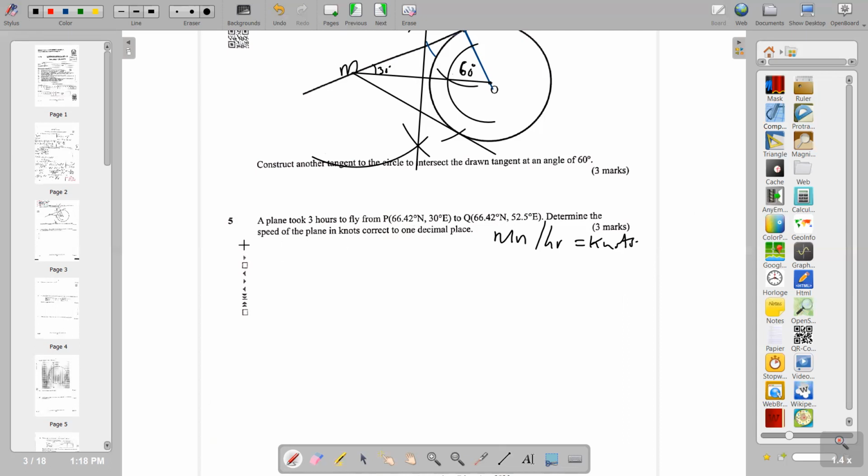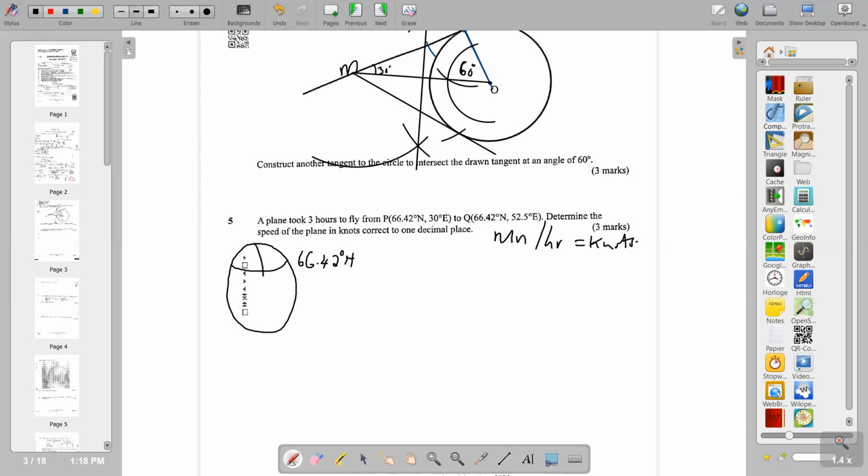The best thing is, first of all, you sketch the position. So that is our globe. The plane was flying in the northern hemisphere, and that latitude is 66.42 degrees north. And then the longitude, it was on the eastern side of the Greenwich meridian.